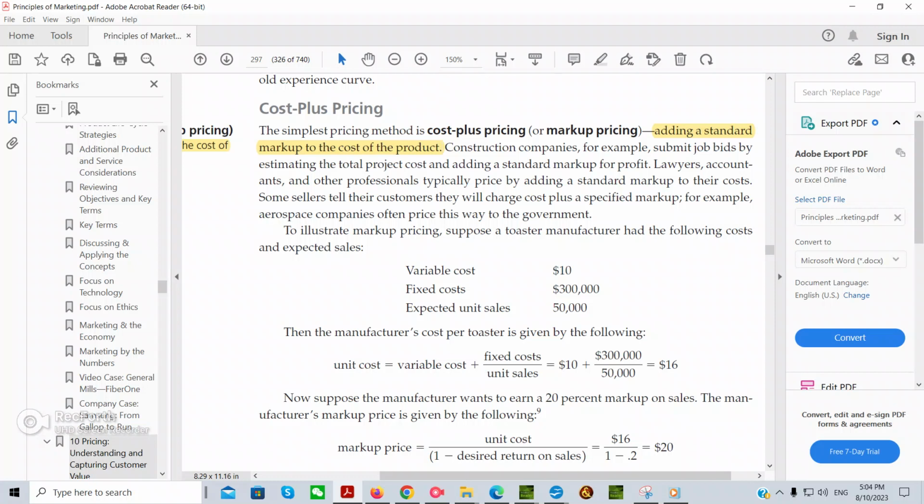So as they show here, unit cost equals the variable cost plus the fixed cost divided by unit sales equals X plus whatever it is. Okay, so that's the unit cost. Sorry, yeah, it's the fixed cost divided by the unit sales that gives the unit price of the unit itself.